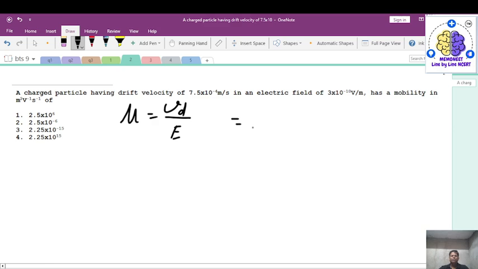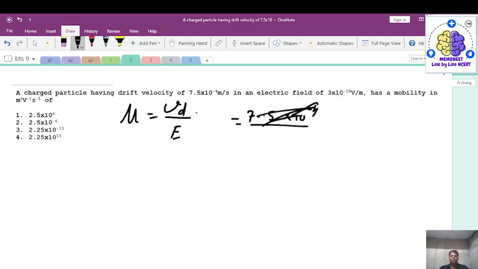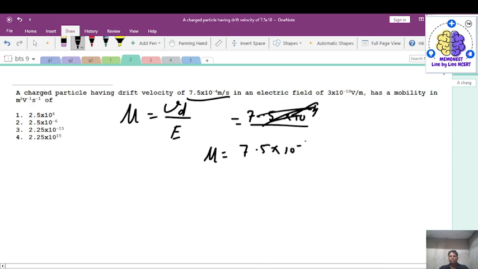So according to this formula, if we simply put the values, mobility of electron will be equal to 7.5 into 10 to the power of minus 4, no, sorry, it's the drift velocity. Yes, drift velocity is this. So mobility of free electrons mu will be equal to 7.5 into 10 to the power of minus 4, the drift velocity, upon electric field intensity, 3 into 10 to the power of minus 10.